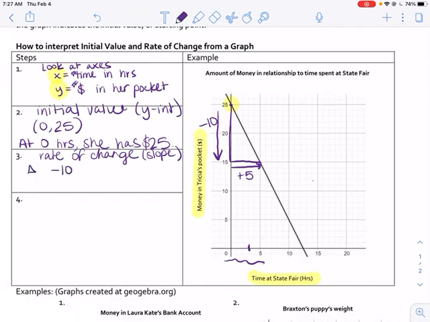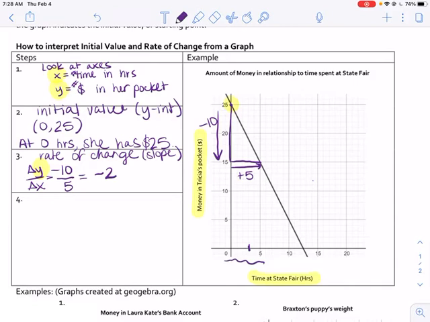It's change in y over change in x. And remember, this change in y is the y quantity. So it's not how many squares, it is how much that y quantity changes. So you have to look at the numbers. Negative 10 over 5. And when I divide that, a negative divided by a positive is a negative, and it is 2.